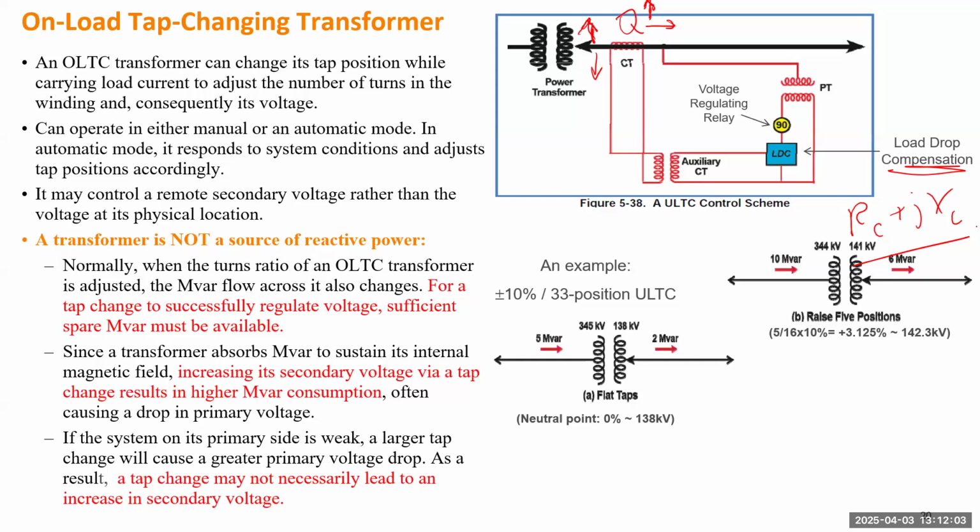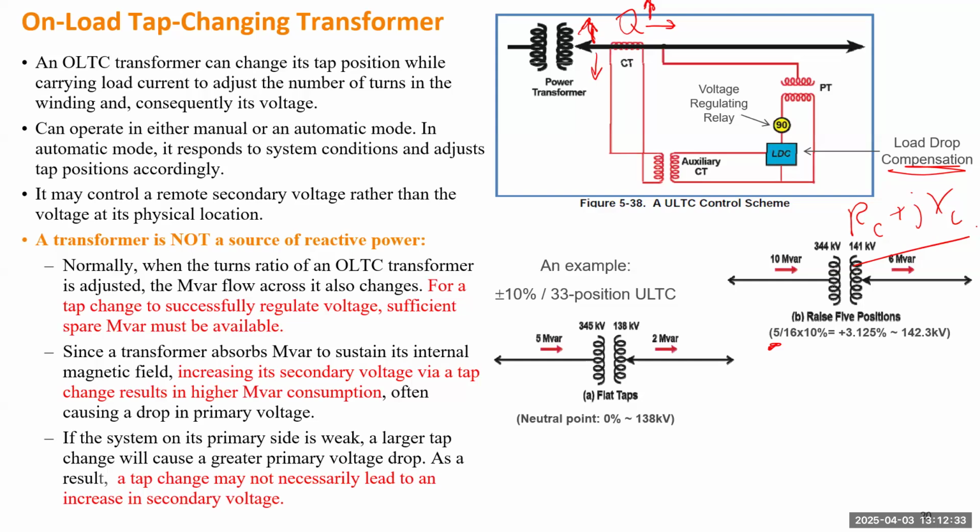So now, let's say we want to increase the secondary side voltage from 138 kV. Based on the calculation, we want to move up by 5 tap positions. So this is totally 16 tap positions. So 5 divided by 16 multiplied by 10%, which means I'm supposed to have a 3% increase of voltage, which gives me 142.3 kV.